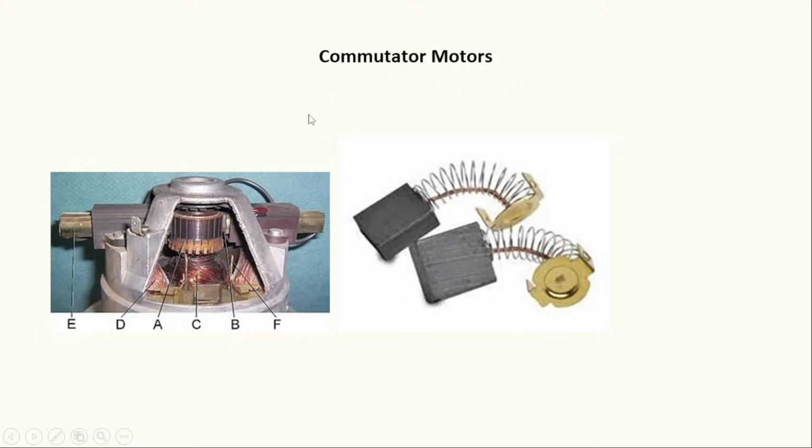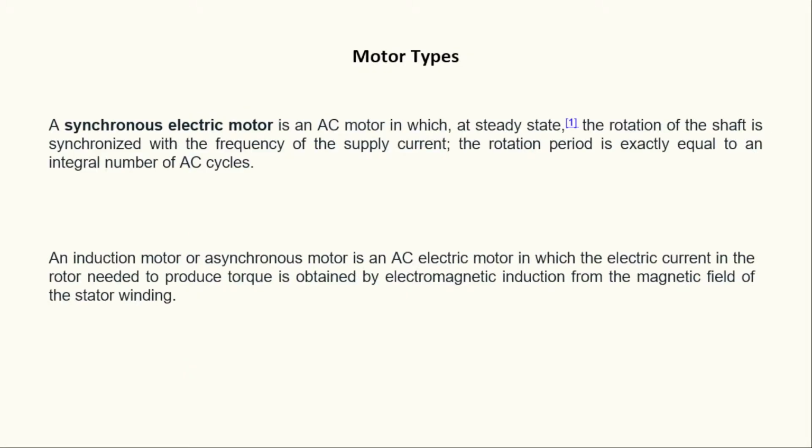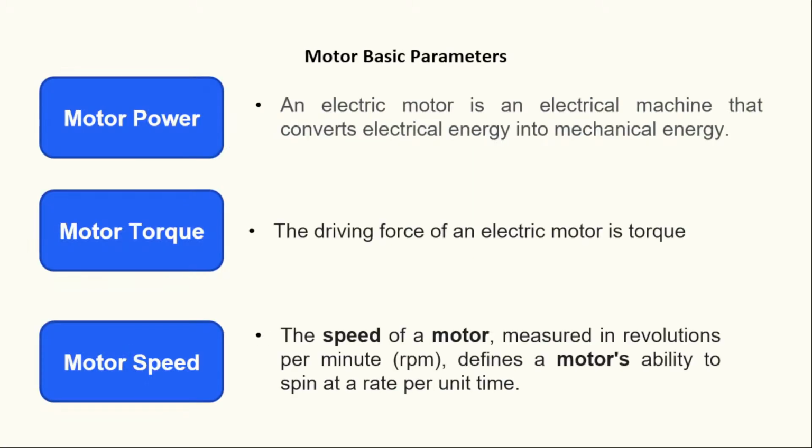With a commutator, before the input we have a commutator device. It takes the input from the commutator, then transfers it to the motor as the output. That is called a commutator motor. In a commutator-less motor there is no commutator element; we directly create the magnetic field and transfer the output to the motor.